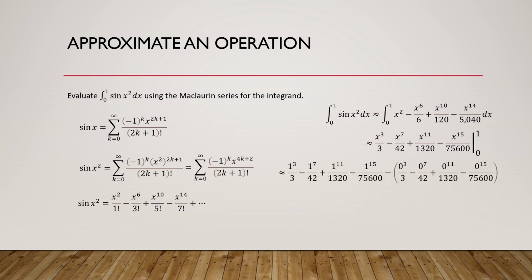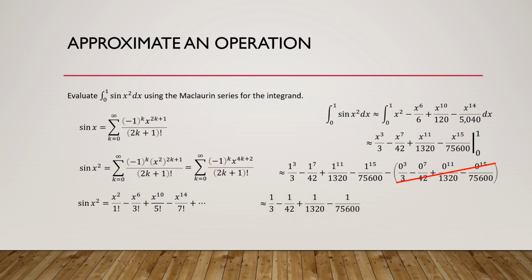This gives us approximately 1 cubed over 3 minus 1 to the 7th over 42 plus 1 to the 11th over 1320 minus 1 to the 15th over 75,600 minus the quantity of the same terms using 0, which can all be removed.